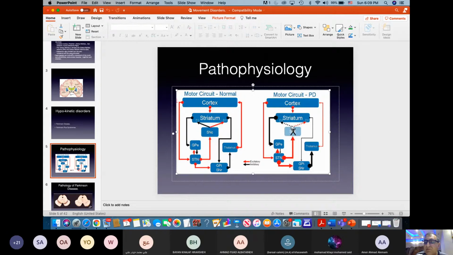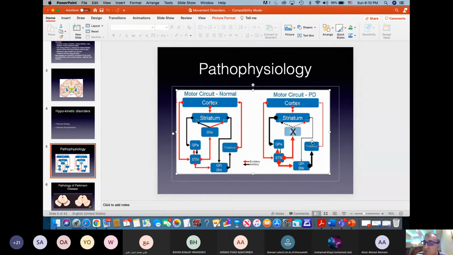Now, what happens in Parkinson's disease and its related disorders, we have loss of dopamine from substantia nigra compacta. So what happens? You have less excitation of the D1 receptor and less inhibition of the D2 receptor in the striatum. The net effect would be more inhibition of the thalamus, as you see, more inhibition.